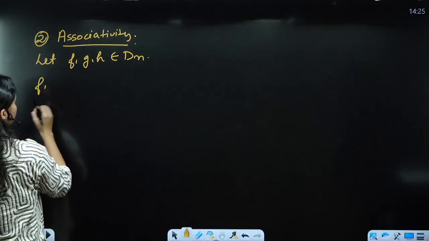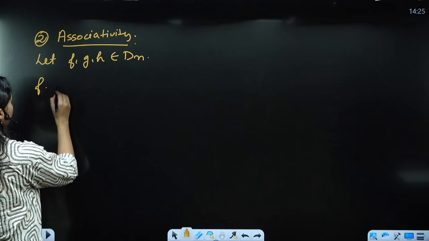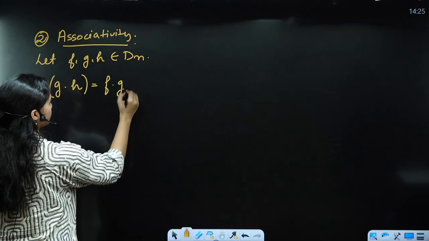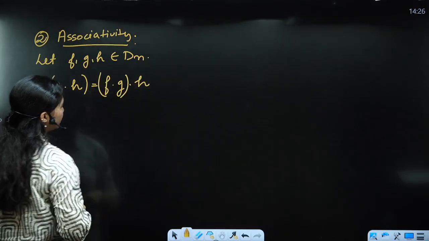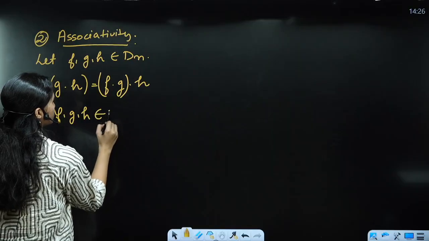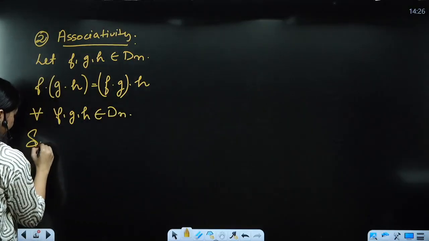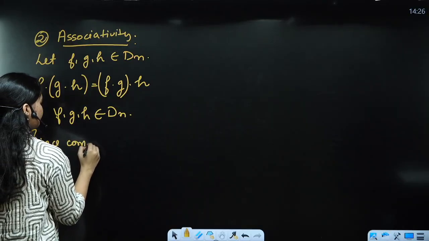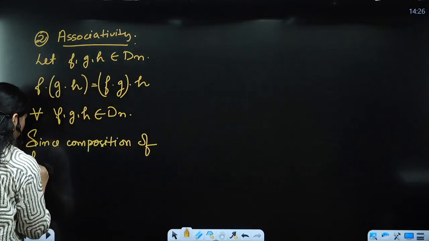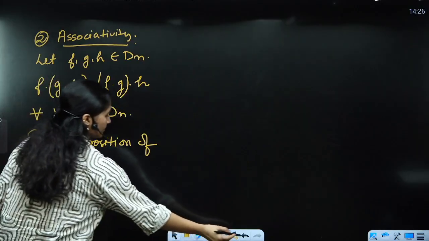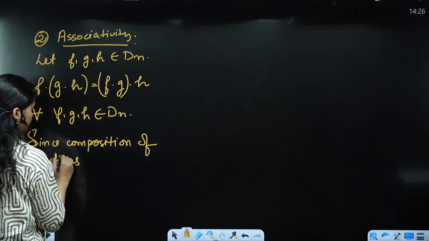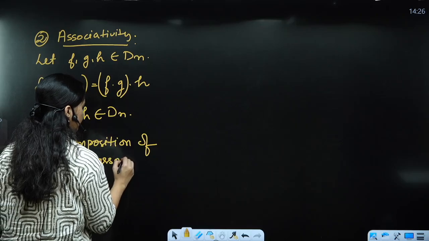Now (f dot g) dot h and f dot (g dot h) will always be equal for all f comma g comma h that belong to Dn, since composition of functions is associative, right?